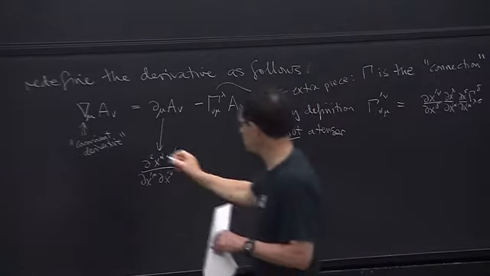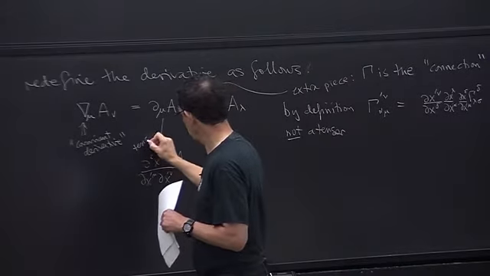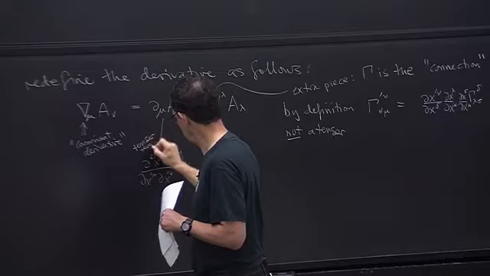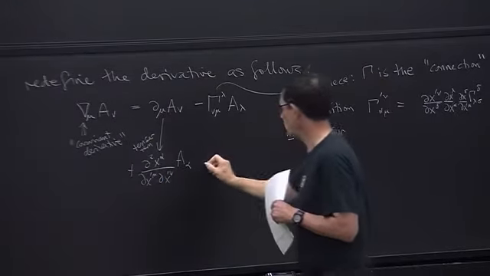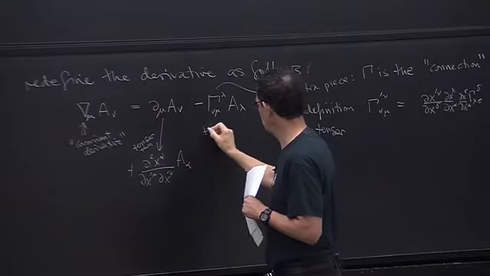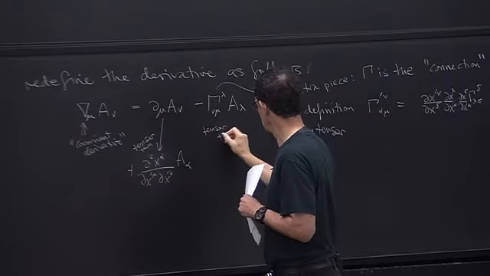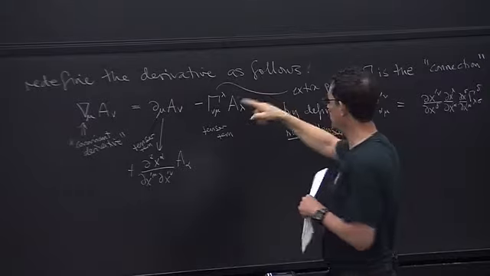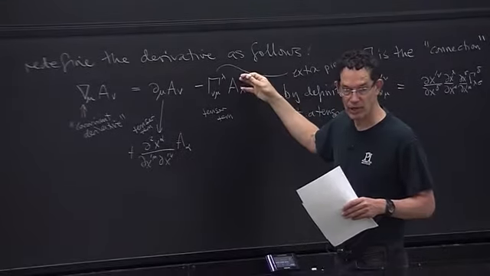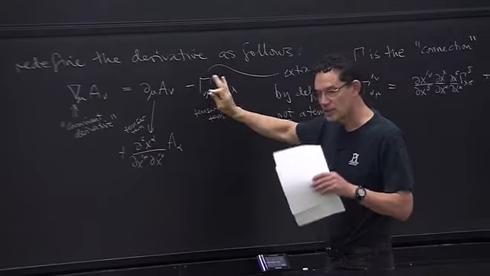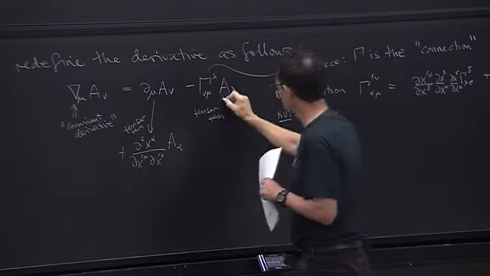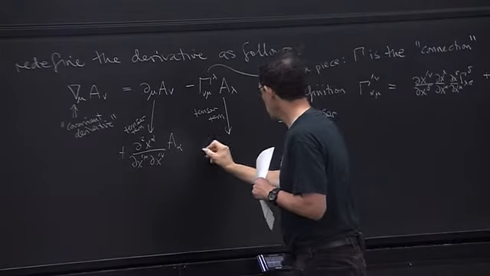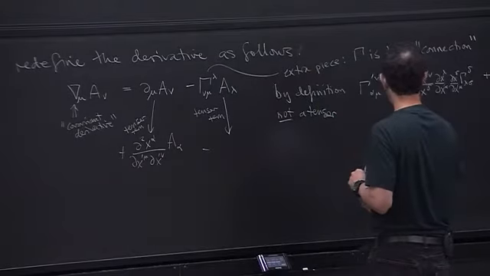Okay, so a tensor term plus this guy. And this term is going to give us the tensor term. I've only transformed gamma, but A transforms as a vector anyway. So the tensor terms are all going to be right. Okay, there's an extra term, which is minus that.